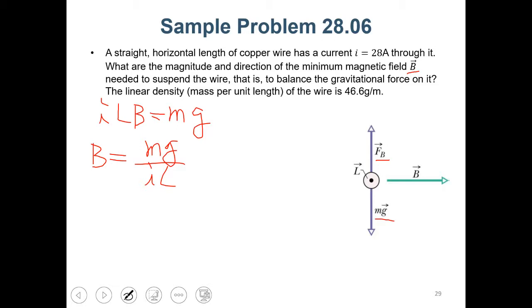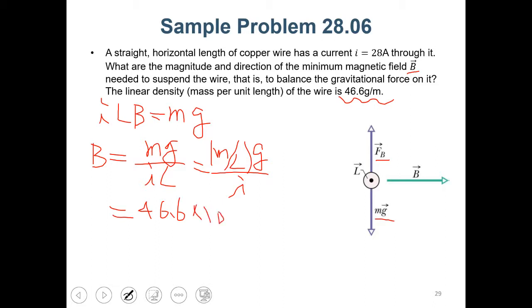And actually what we know is m over L, g over I. So we have 46.6 times 10 to the minus 3, because the SI unit for mass should be kilogram rather than gram.